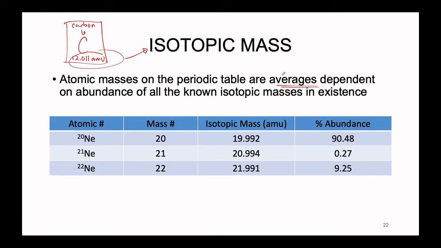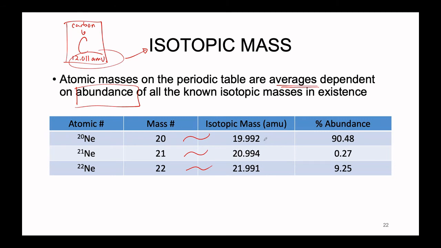So the atomic masses on the periodic table are averages dependent on the abundance of the known isotope. For neon, with each of the stable isotopes, we can see that the mass number is approximately equal to the measured isotopic mass in atomic mass units for each of these isotopes.